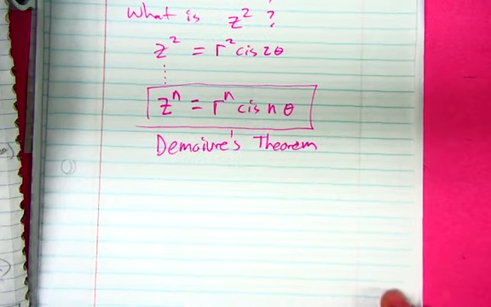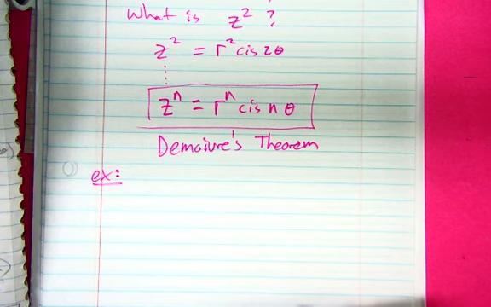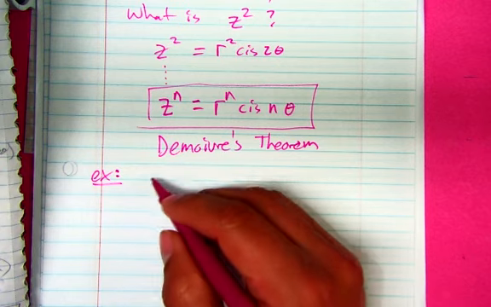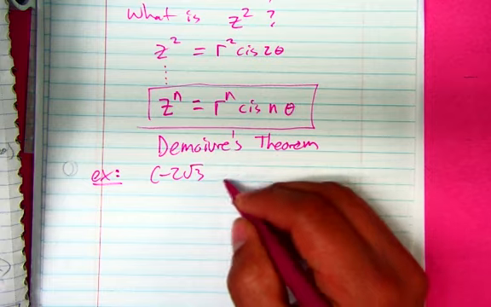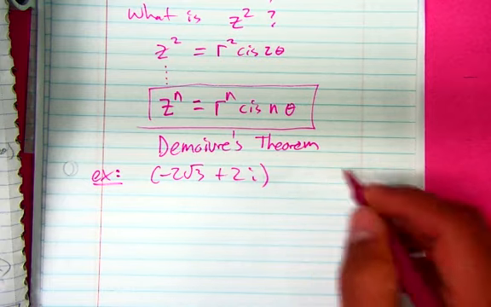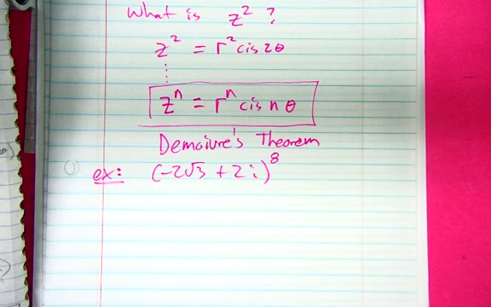So for example, let's say we have negative 2 root 3 plus 2i, to the 8th. Let's just recap what we've done this unit.